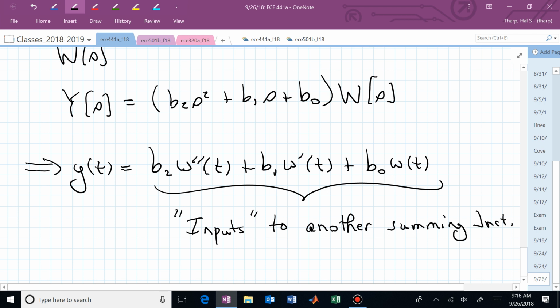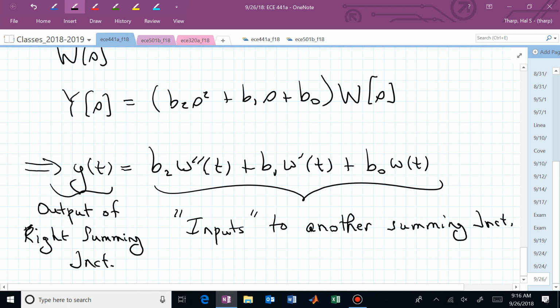And my output is Y, the output of that additional summing junction, which I'm going to put on the right-hand side. So this is now the output of the right summing junction.